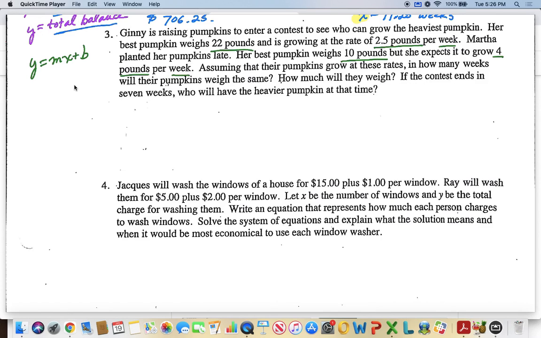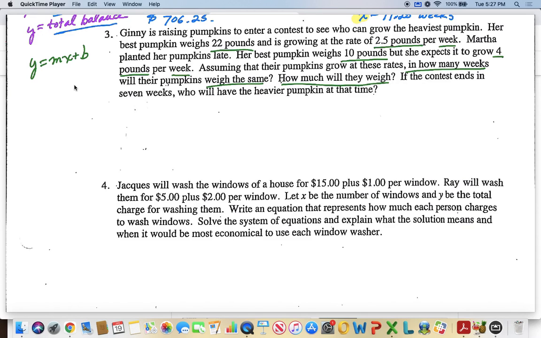Assuming that their pumpkins grow at these rates, in how many weeks will their pumpkins weigh the same? And how much will they weigh? If the contest ends in 7 weeks, who will have the heavier pumpkin at that time?